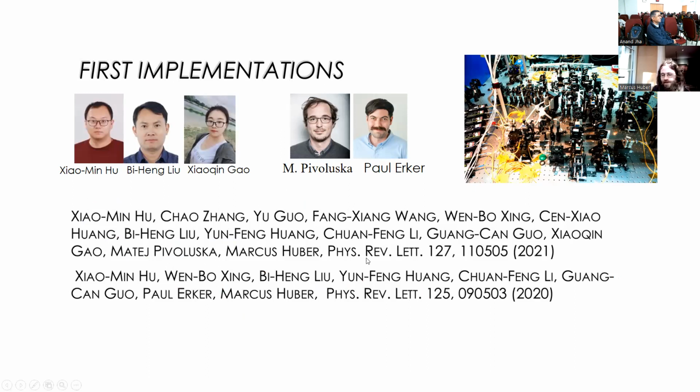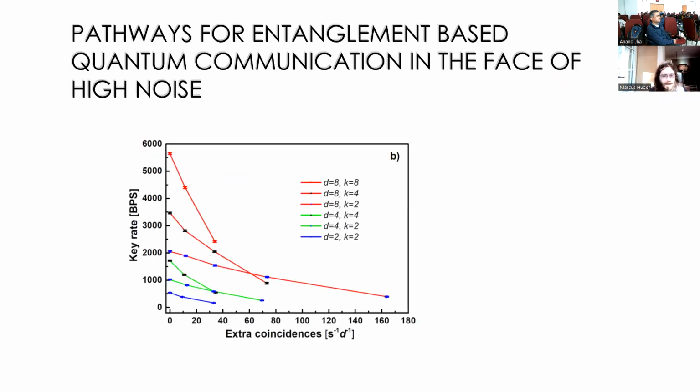Let's try a new way of creating high-dimensional entanglement in path, and then use this path entanglement directly to show the advantage of our protocol. And this is the result, and it's even better than our theory paper had predicted. I was quite surprised. But there's a simple reason for this.